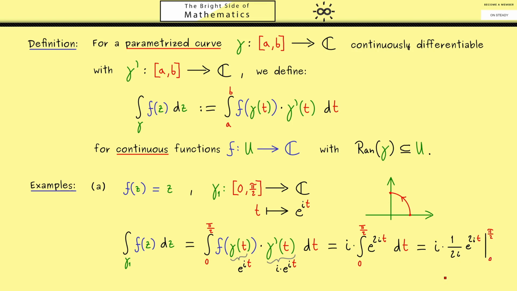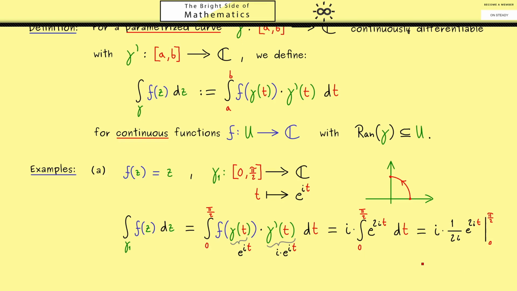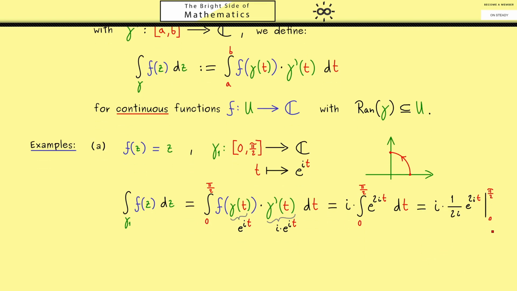Okay, then you should see we can cancel one I here and then we can put in pi half and 0. Hence what we get is 1/2 times e to the power I pi minus e to the power 0, which is 1. However, e to the power I pi is minus 1. Therefore, we have minus 1 divided by 2, so we get minus 1. Okay, so there you see, minus 1 is the value of this integral.